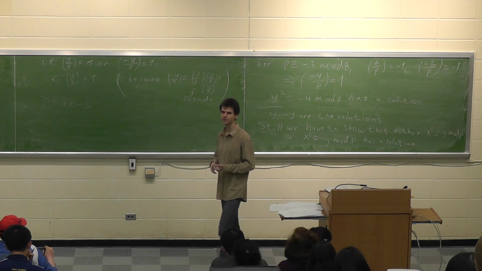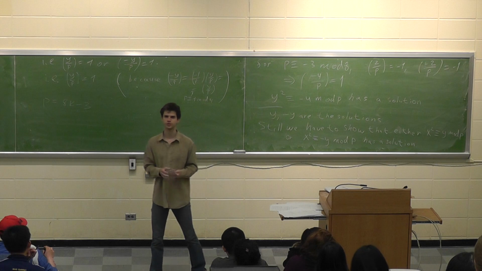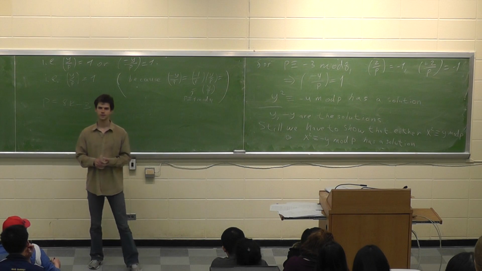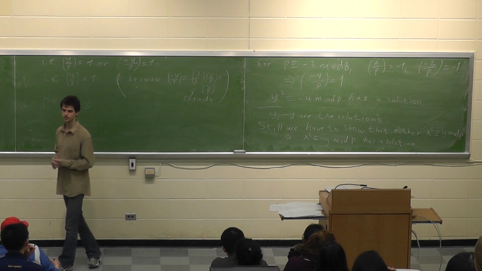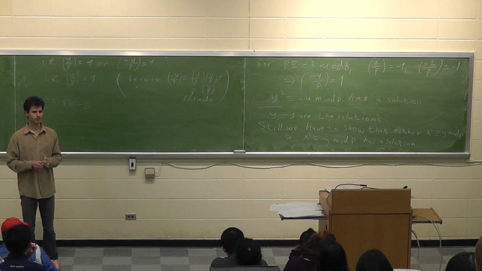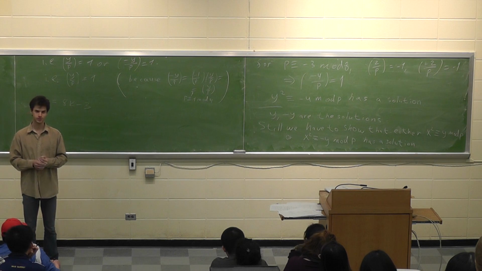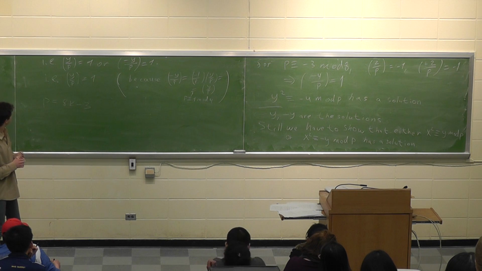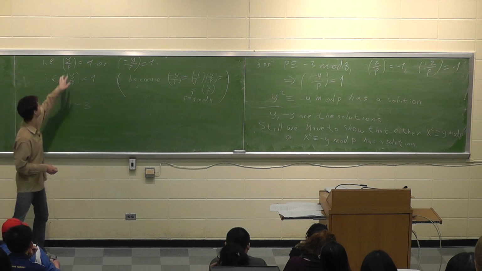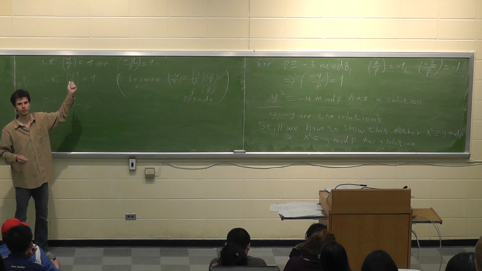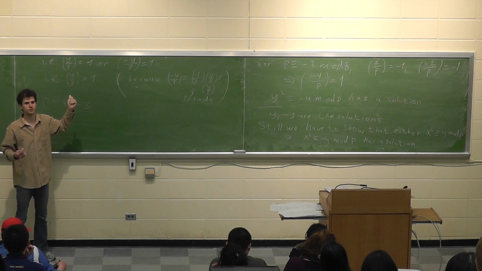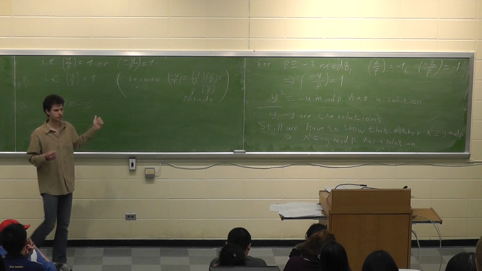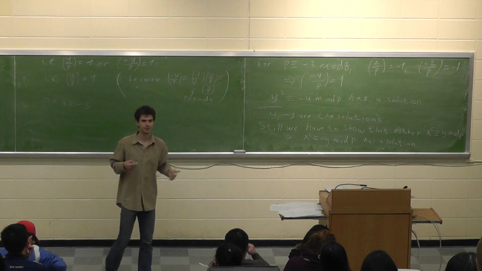What tools do we have to show that something is a quadratic residue? Well, we have a complicated tool called quadratic reciprocity, but it's hard to apply here because we don't really know what y is. We only know what y squared is. So quadratic reciprocity is basically not a good idea here.